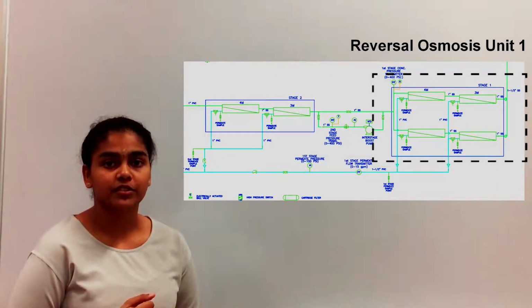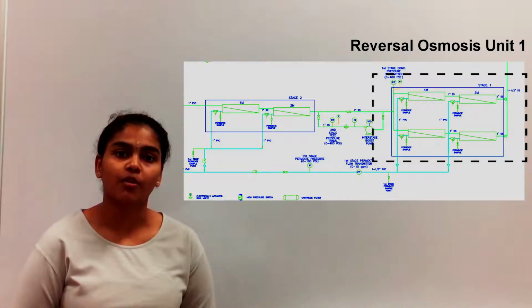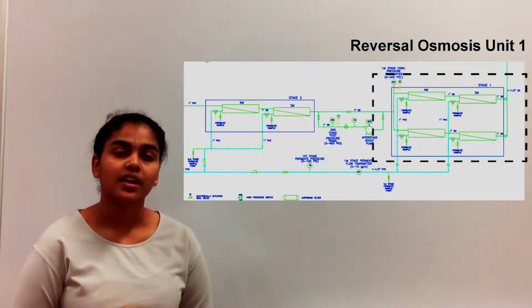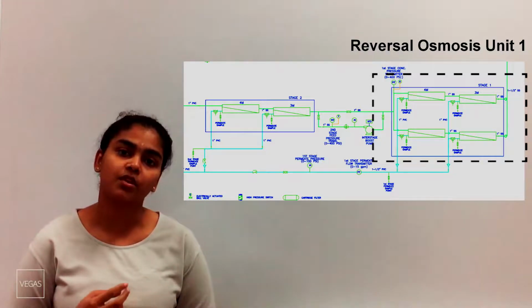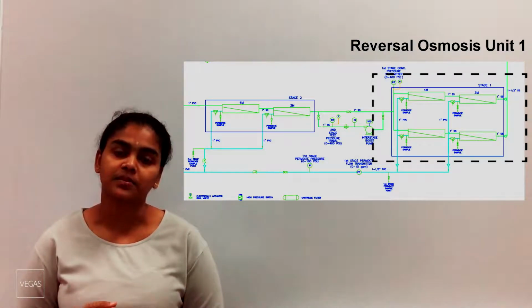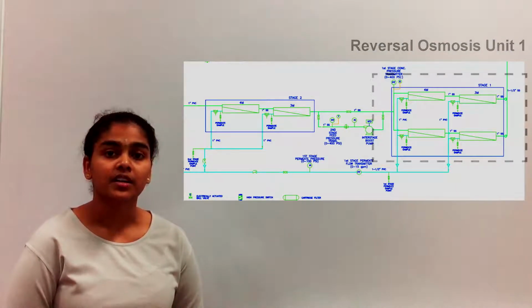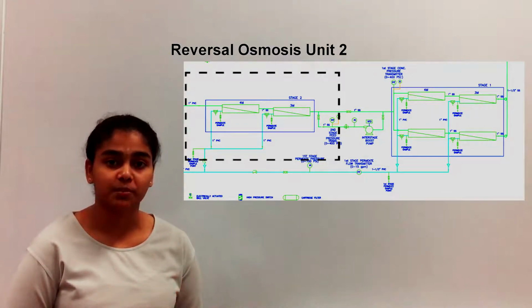There are a total of 4 reverse osmosis units in a 2x2 formation. After purification of water in the reverse osmosis membrane, the permeate of two parallel streams combine into one stream to be channeled to the clean valves. The concentrate is then allowed to flow towards stage 2 reverse osmosis for further separation.